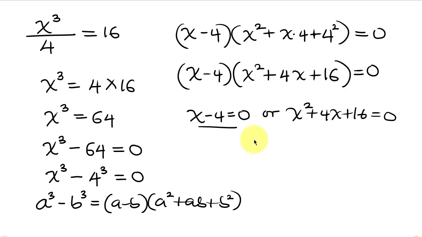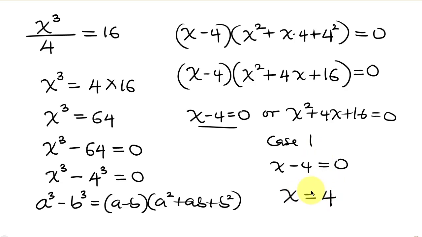We take this as our case 1. Case 1 is when we have x minus 4 to be equal to 0. And to get the value of x, I just have to move negative 4 to the right to become positive 4. So we've been able to achieve one solution for x, that x is equal to 4.